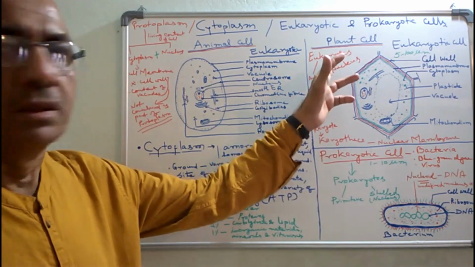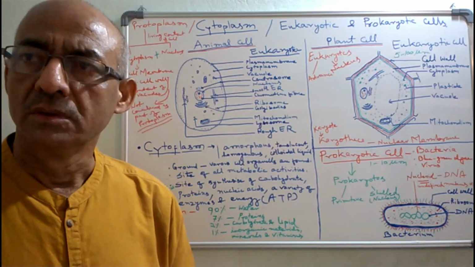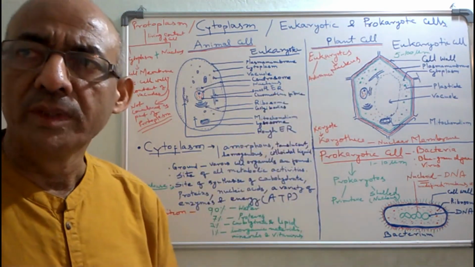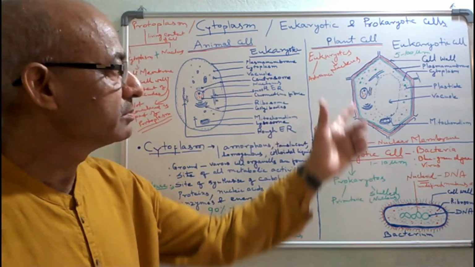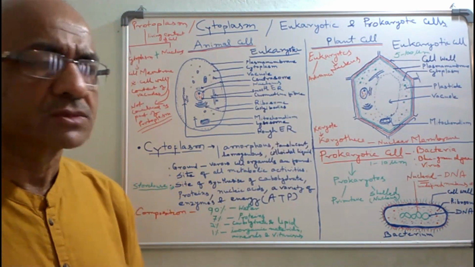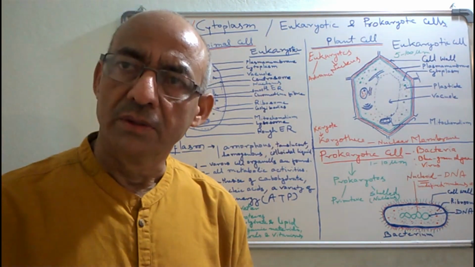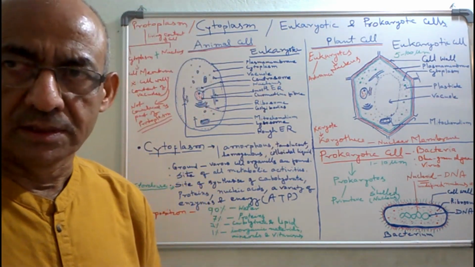Now we will discuss the eukaryotes. This word is also made up of two parts. First, eu means advanced, karyotes means nucleus. The cells which have an advanced form of nucleus are called eukaryotic cells.